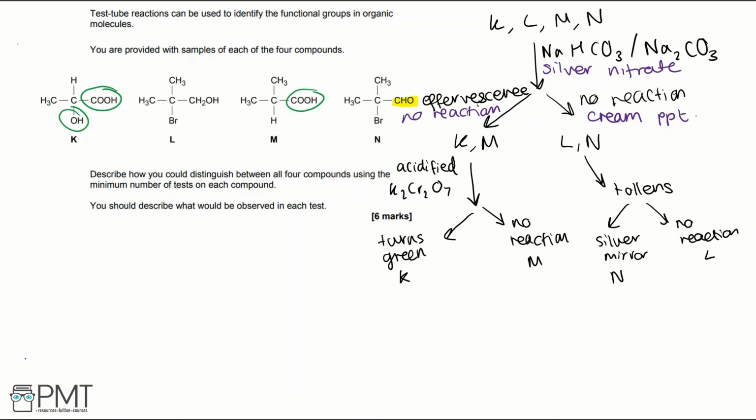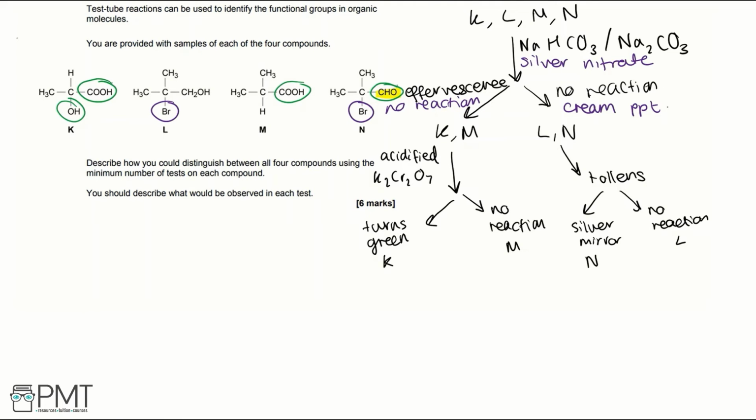But because we've already established that this can't be an aldehyde, because N, which has an aldehyde, doesn't have a carboxylic acid group, then that's fine. And then L and N, using Tollens reagent, is using the aldehyde functional group here. The alternative method at the start is testing for a bromide ion, which would be here in L and N.